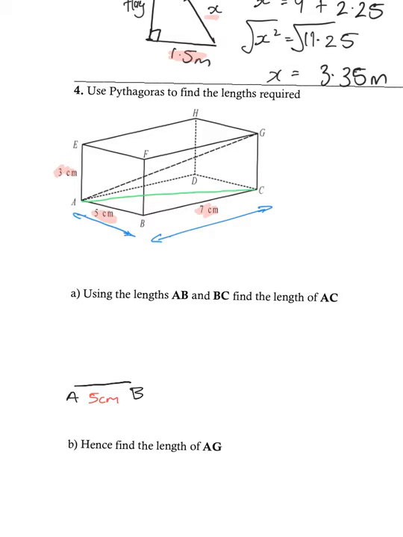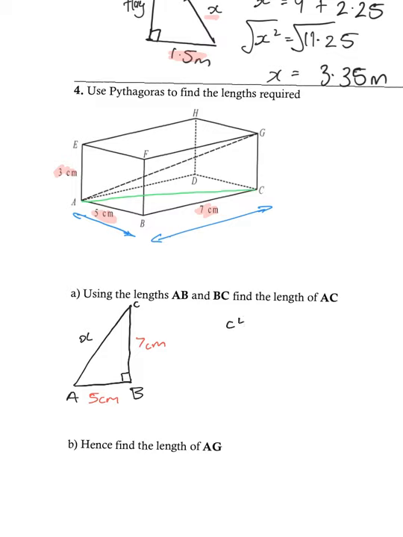Then I'm going to use B to C as my height, and that length was 7 centimeters. Then the length from A to C is what we're trying to find. So definitely break the question down, draw separate triangles just to make it easier.